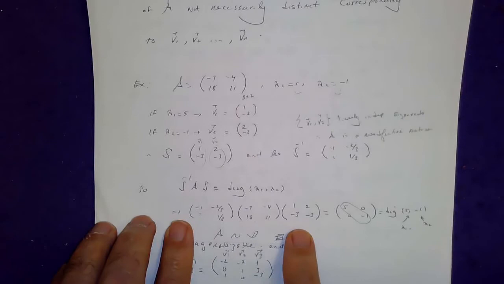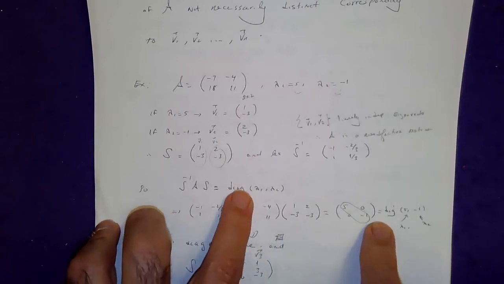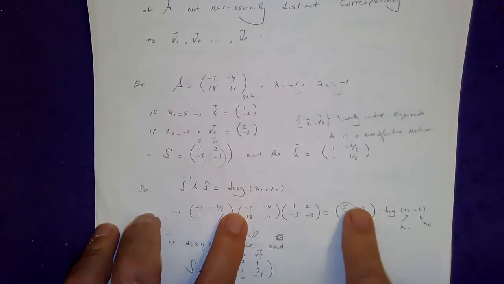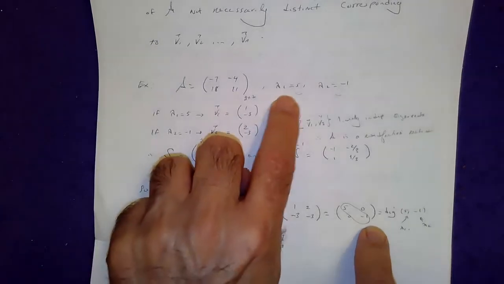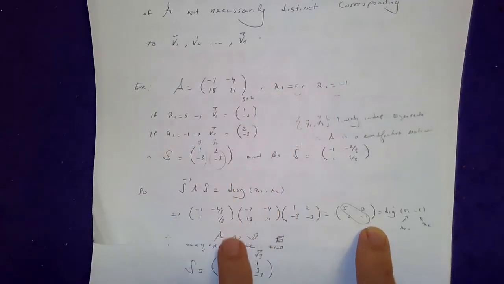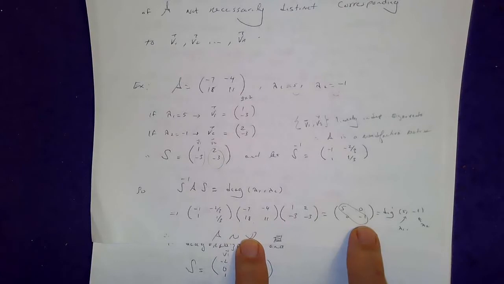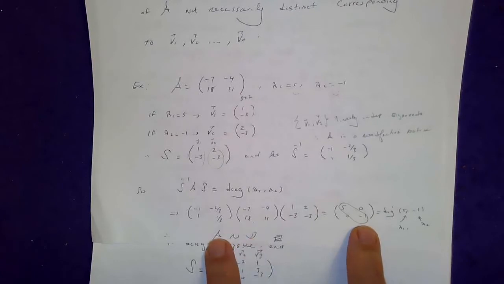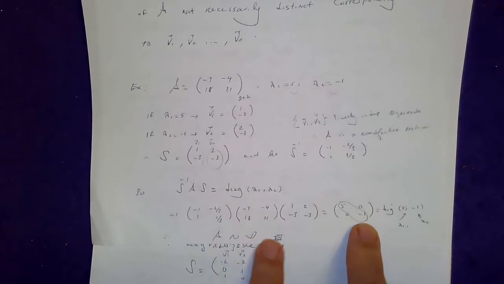When we form this product, lo and behold, we should get a diagonal matrix whose main diagonal elements happen to be the eigenvalues of the original matrix A. So the conclusion is we say A is similar to the diagonal matrix.